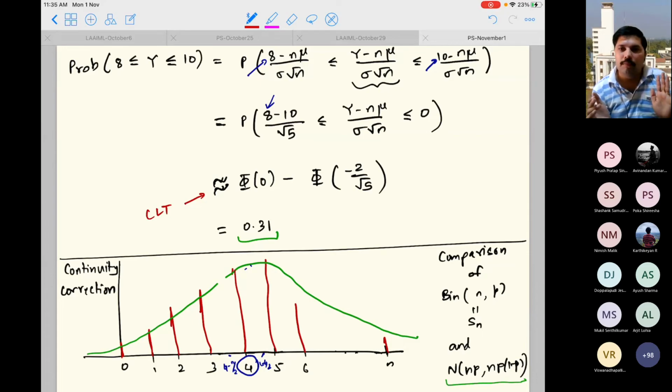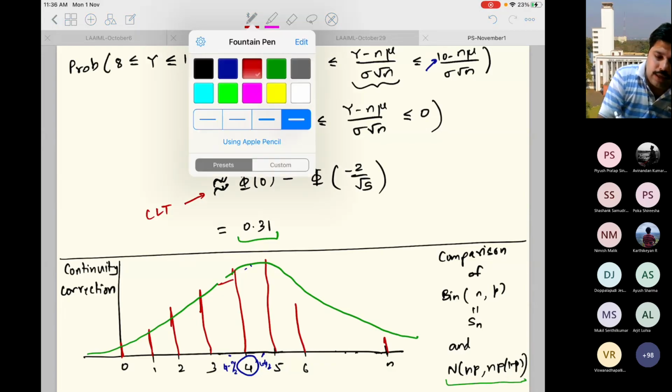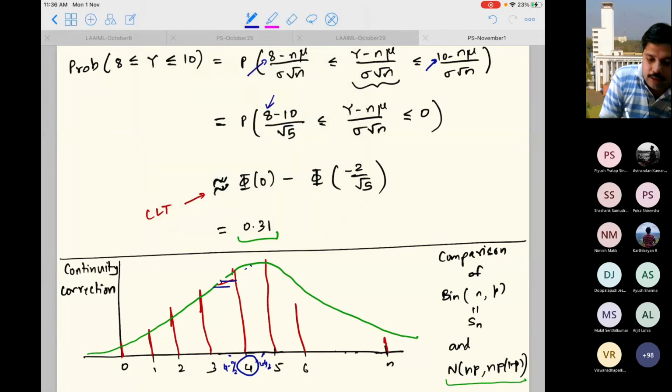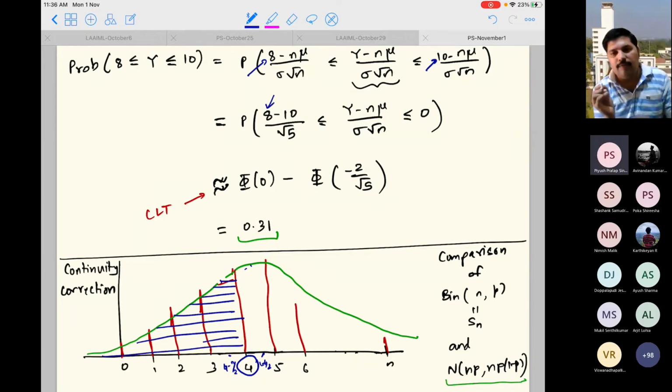Is that correct, Piyush? If I calculate the value of the cumulative distribution function at the point 4, I am looking at this particular area. Do you agree? I am calculating this particular area.